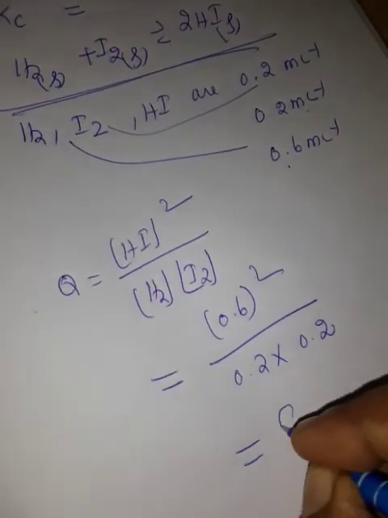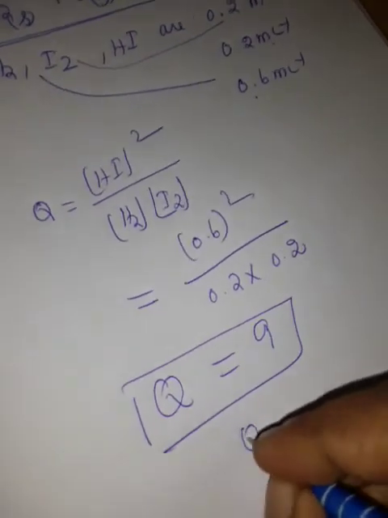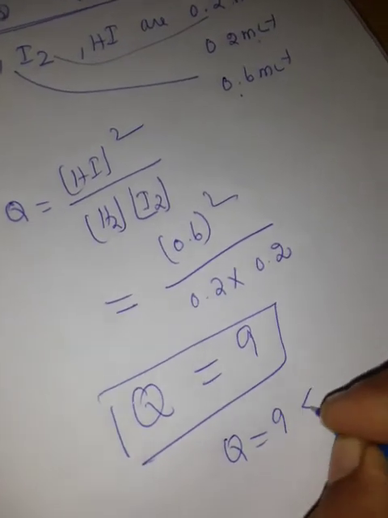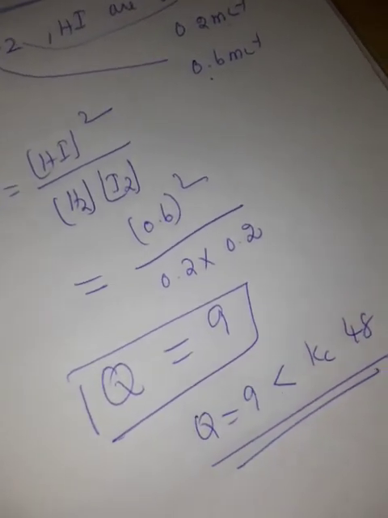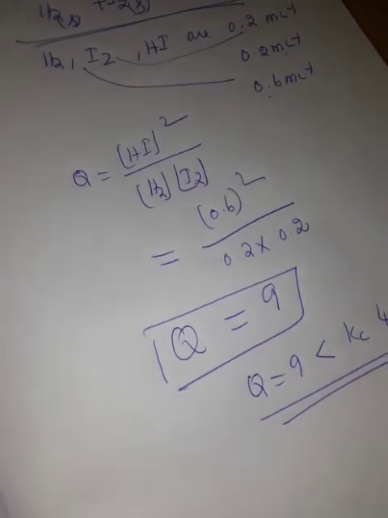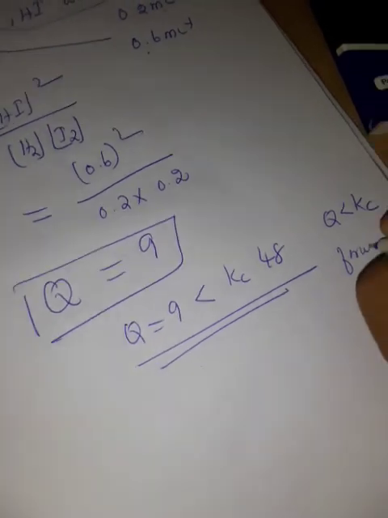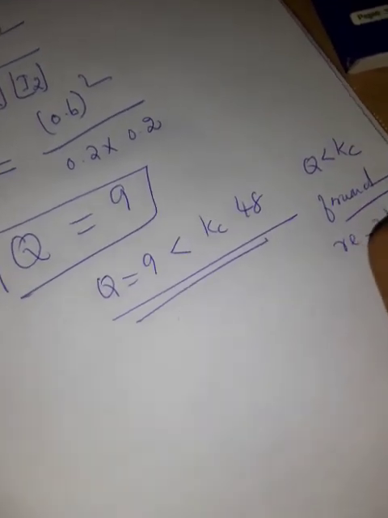The value we are getting is 9. That is, Q value is 9. Since Q value is 9, which is less than the Kc value of 48, Q is less than Kc, so the reaction will proceed forward. Forward reaction is favored, that is, reactants giving products.